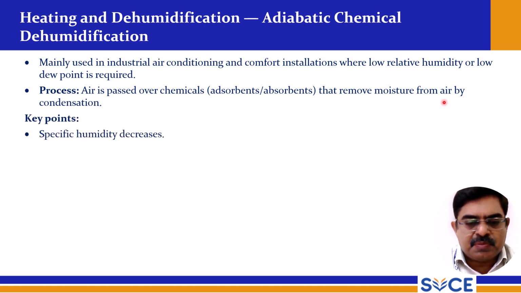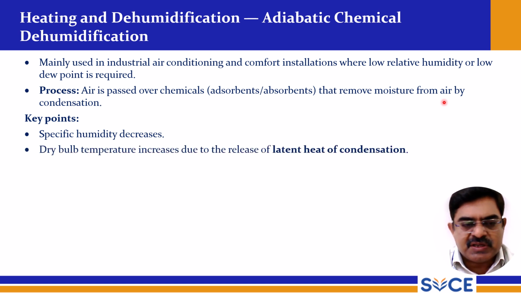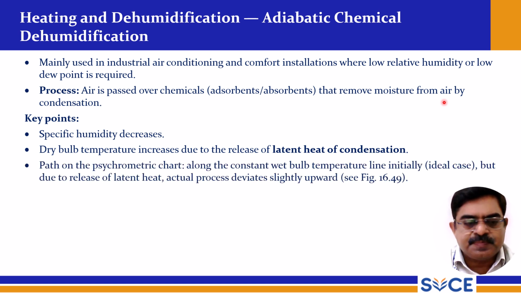Key points to remember here: specific humidity decreases, and dry bulb temperature increases due to the release of latent heat of condensation. The path on the psychrometric chart is along the constant wet bulb temperature line in the initial ideal case, but due to release of latent heat, the actual process deviates slightly upwards.